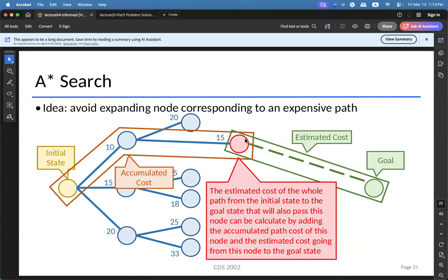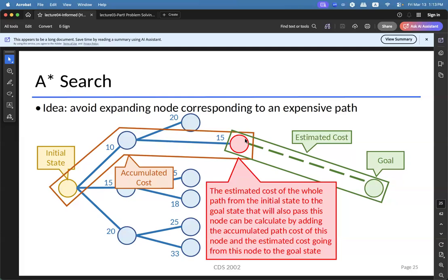Okay, so the search algorithm is kind of exhaustive, brute force in nature. Okay, but in the A star search, we introduce one key component, that is we have a heuristic function that can estimate, given any node, the cost needed to get to the goal state.